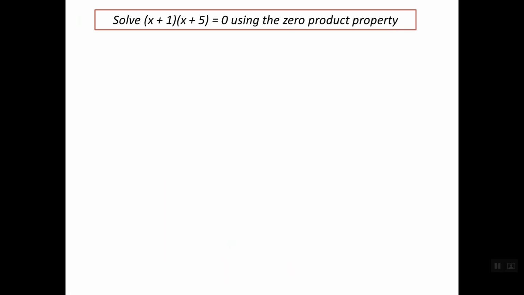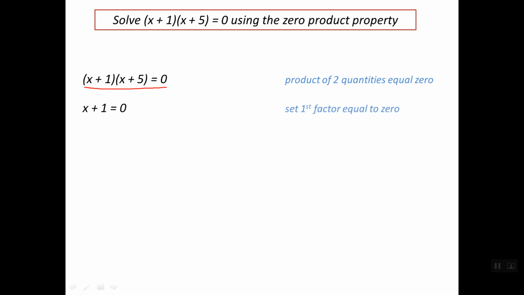Let's understand how to solve a quadratic equation using the zero product property. First of all, solve x plus 1 multiplied by x plus 5 equal to 0. We have two quantities multiplied by each other, and the product is equal to 0.